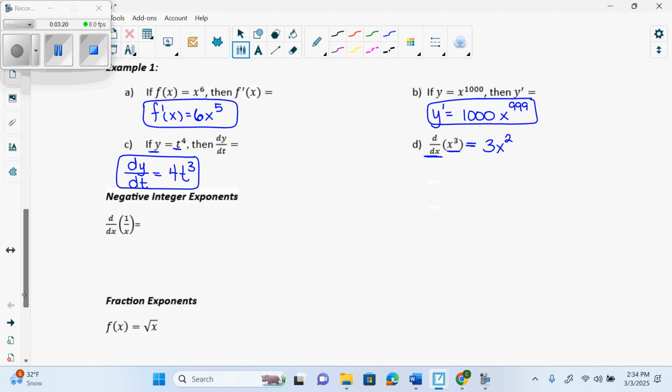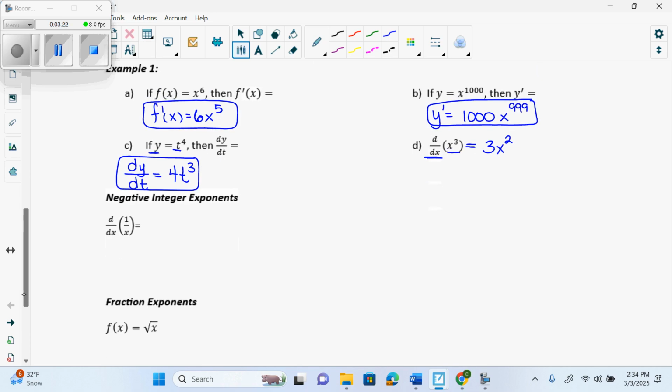Negative integer exponents, we've already talked about these too. So they want the derivative of 1 over x. How can I rewrite 1 over x? X to the negative 1. I can go d over dx, the derivative of x to the negative 1, right?